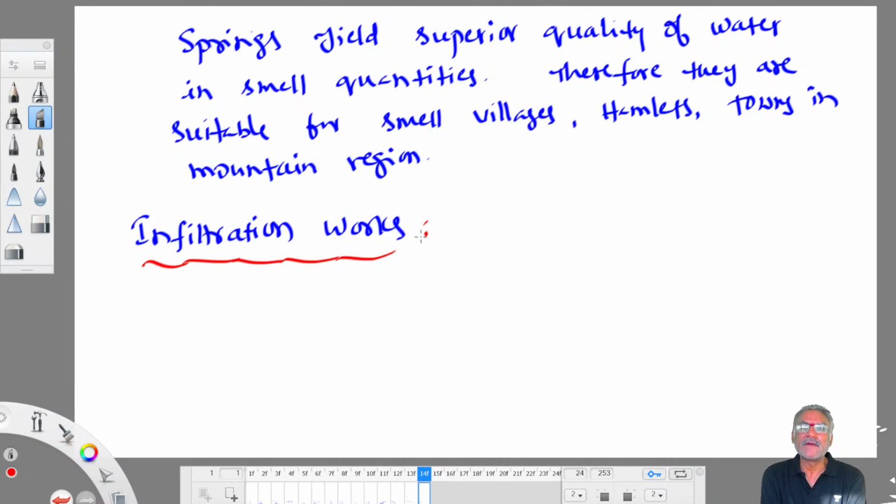Before we supply that water to the public, water should be purified. The cost of that purification is very high. But small villages and towns don't have enough funding. Local bodies are not that rich. Therefore, the treatment is not affordable and very expensive to them. In such cases, they depend on infiltration works.